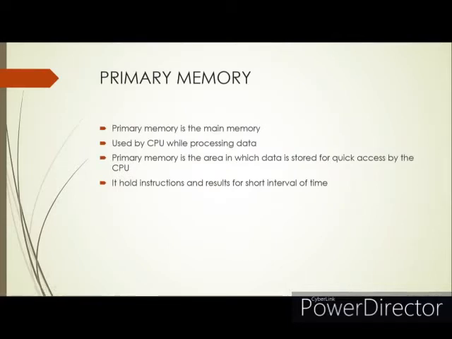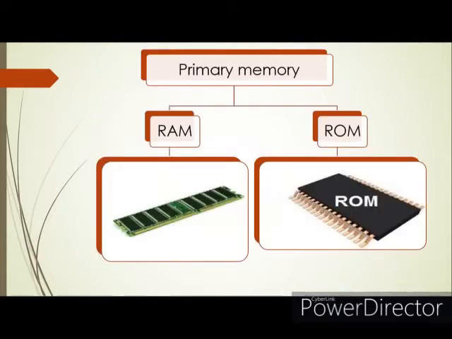Yes, primary memory is the main memory of the computer, and the CPU always keeps in touch with primary memory, and it is a temporary memory. When we switch off the computer, everything will get erased from primary memory. Understand? Primary memory is divided into RAM and ROM.